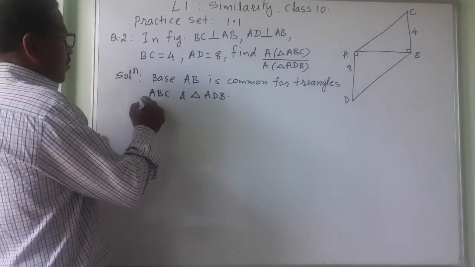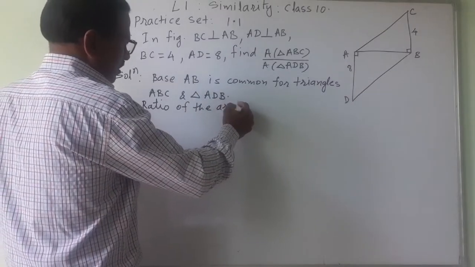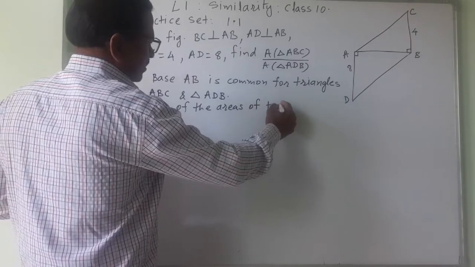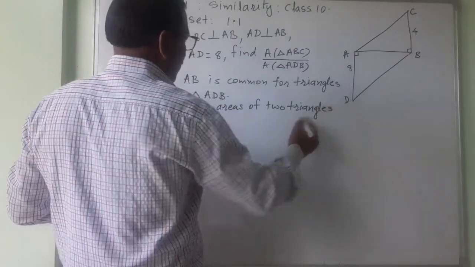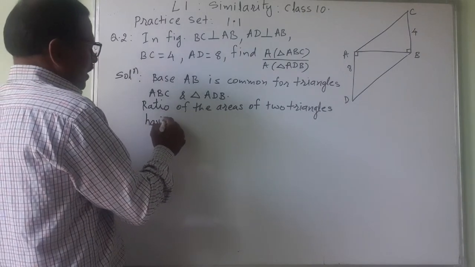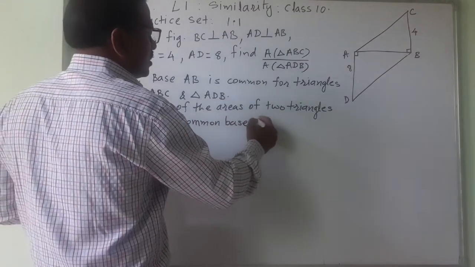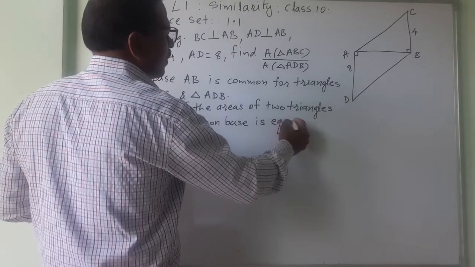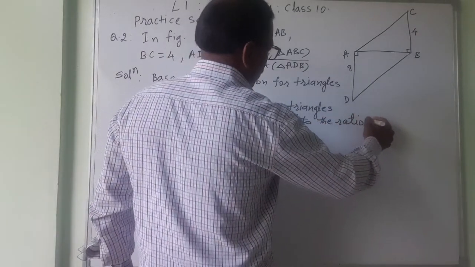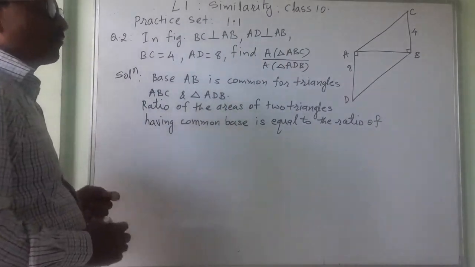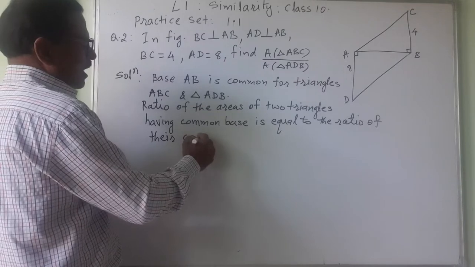We know that the ratio of the areas, we have to write the statement, ratio of the areas of two triangles having the same base or having a common base is equal to the ratio of their corresponding heights, because the base is common.